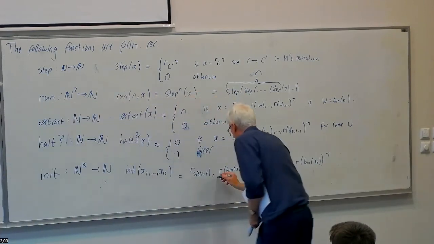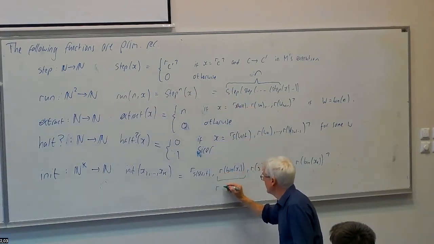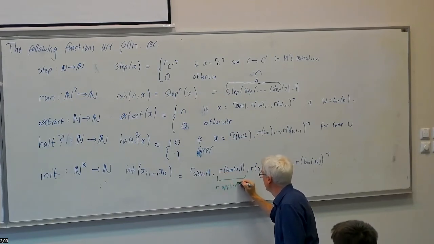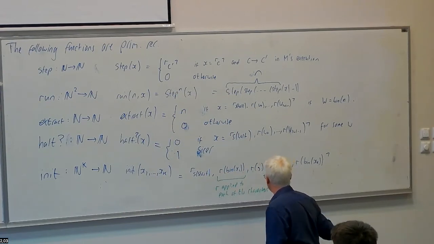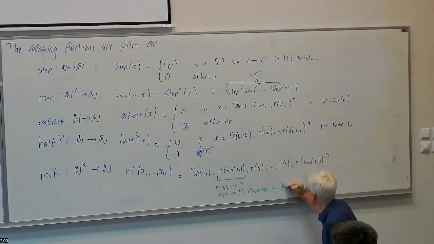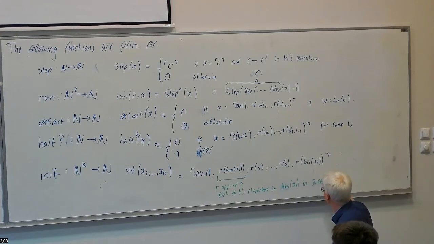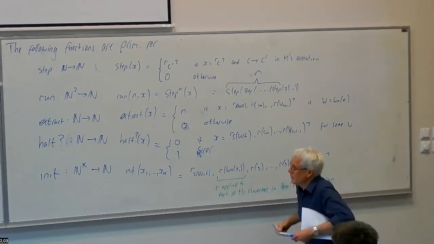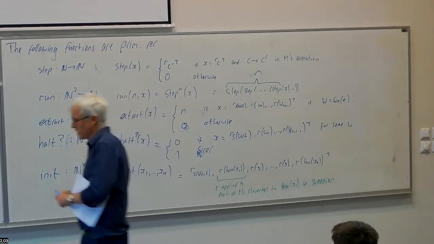Really by this, I mean R applied to each of the characters in the binary representation of x1 in succession. Just to keep the notation reasonable, I wrote it like that.